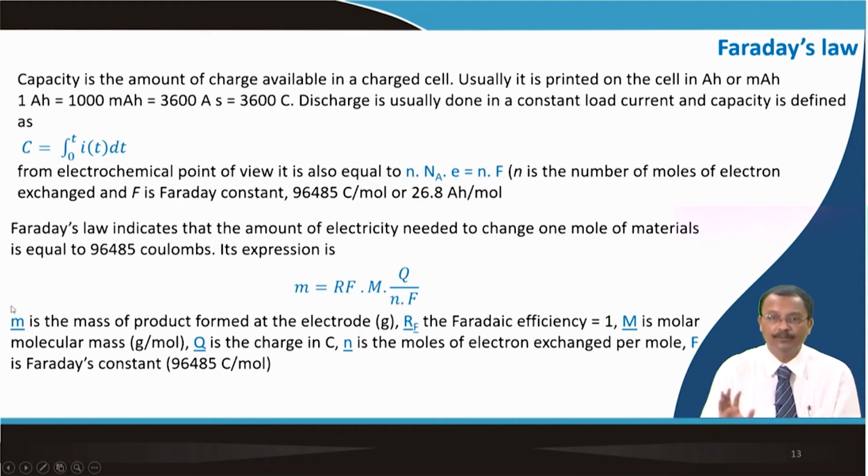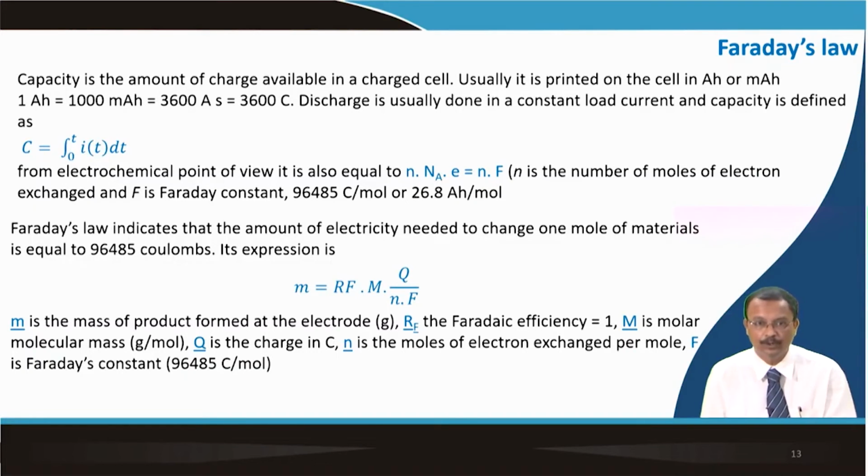So, the Faraday law basically indicates the amount of electricity that is needed to change 1 mole of material, and that is equal to 96485 coulomb. So, the expression is for the mass of the product that is formed, and that is related with the Faraday efficiency, which is usually taken as 1. M is the molar or molecular mass in gram per mole.